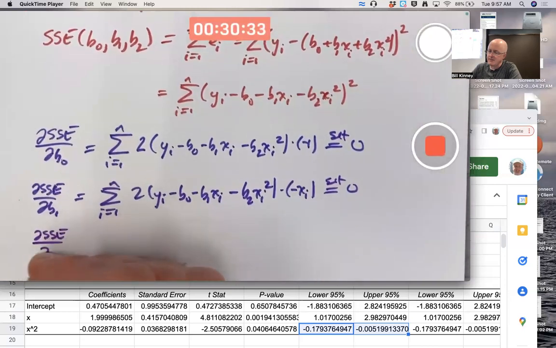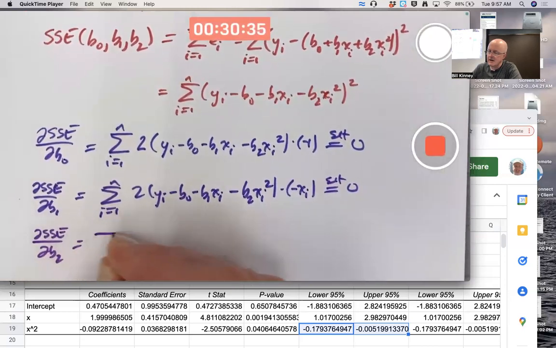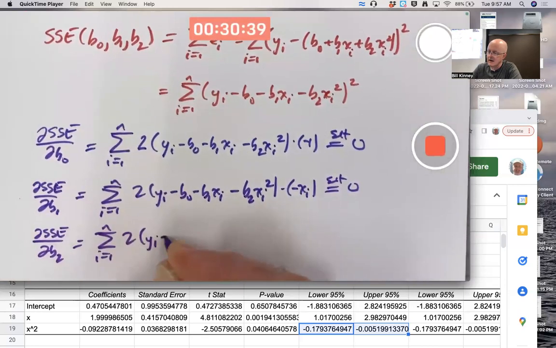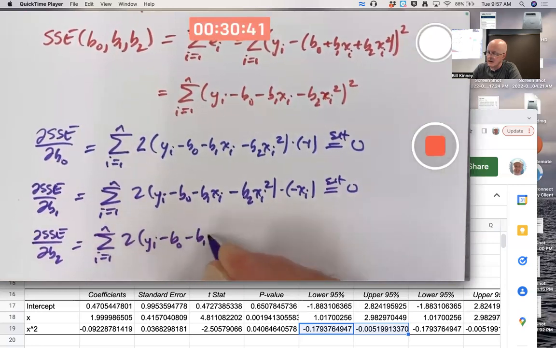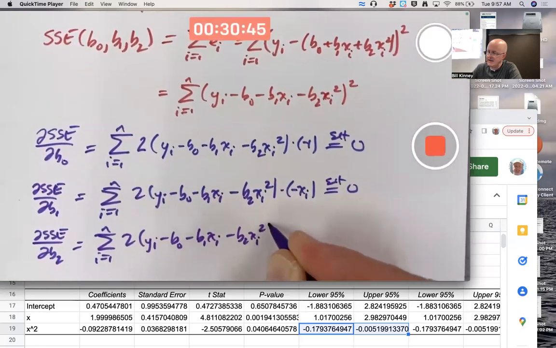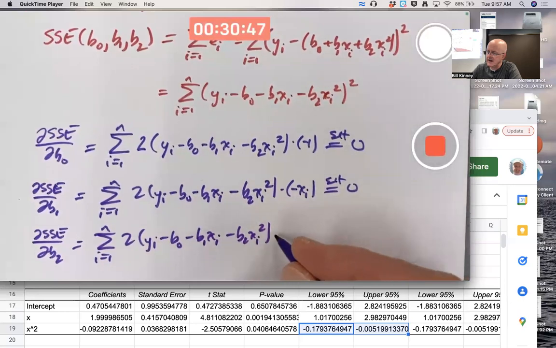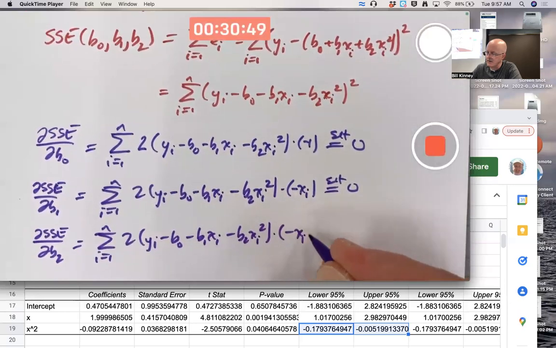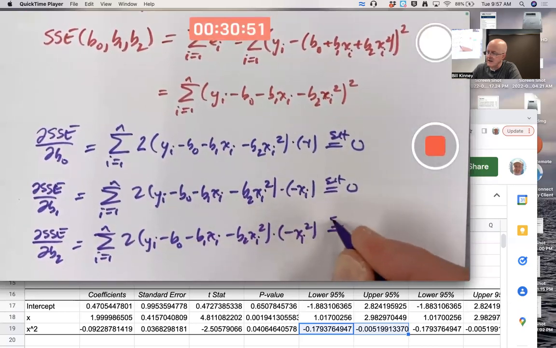And take the partial with respect to B2. Something similar happens. But then the chain rule, when you differentiate the inside with respect to B2, you get a -xi². But we'll set that equal to 0.